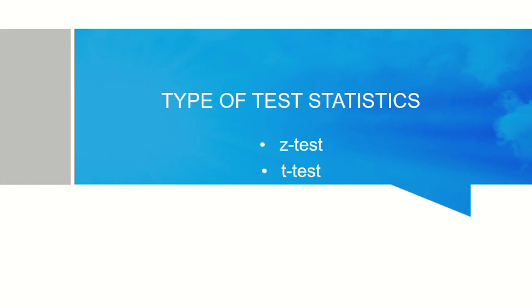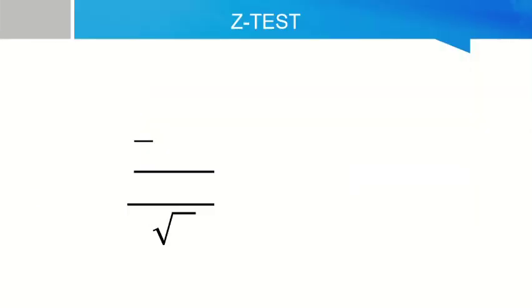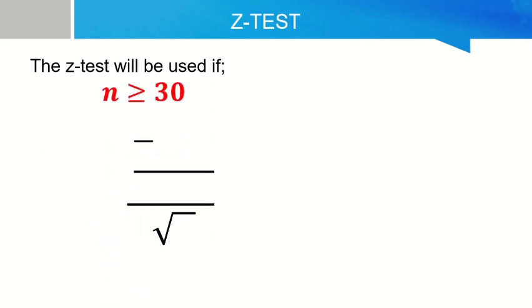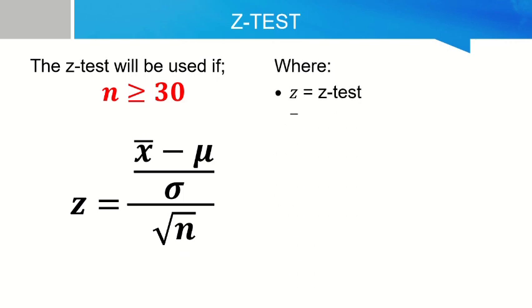statistics. First, we have z-test and t-test. In z-test, the z-test will be used if your number of samples is greater than or equal to 30. Itong inyong formula, where z is your z-test, of course. Your x, the raw score, is your sample mean.